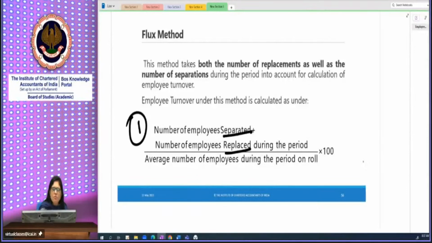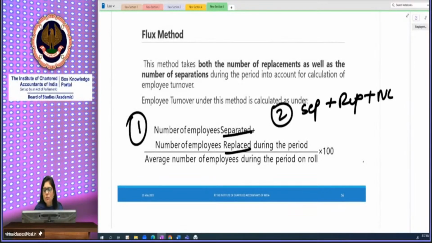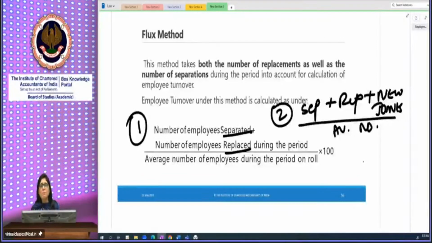This is the first way, where we take separation and replacement. The second is separations plus replacements plus new joinees. New joinees means not replaced but new joinees, divided by the average number of employees.